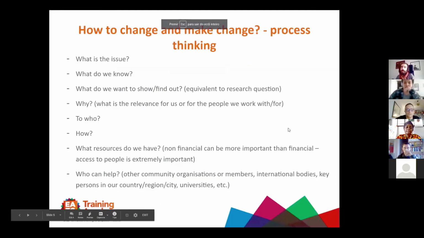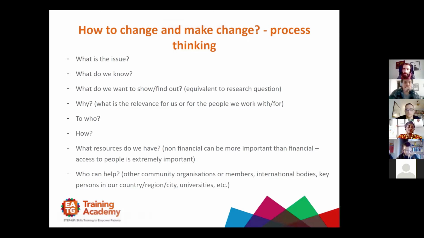Okay. So when we are trying to change something, the basics is we really need to know what we're trying to change. So the first point is obviously identifying what the issue is. The second very important point, which is often skipped, is identifying what do we know and what do we want to show. And these are two different things.